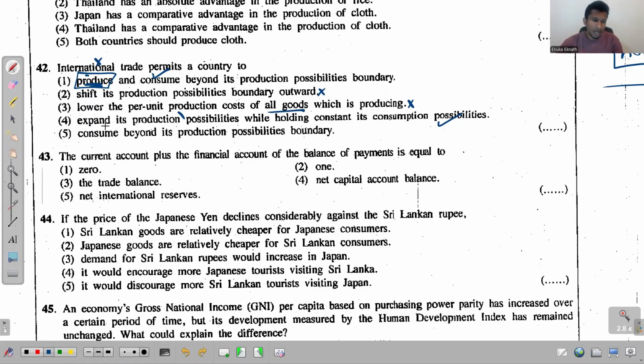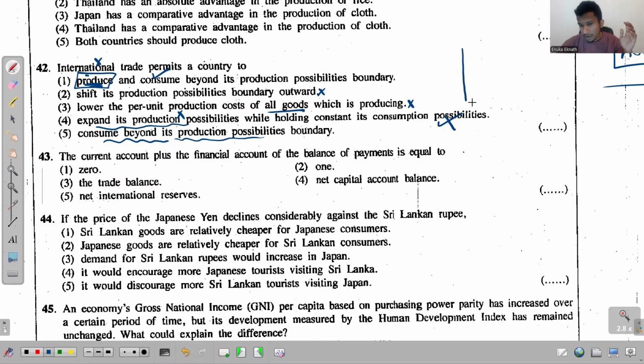Even the second part is wrong, right? Expand its production possibilities curve, holding, no, both parts are wrong. Then the fifth one, consume beyond its production possibilities boundary, 100% true. This is what we call the advantages of exchange. So due to the advantages of exchange, the country can consume more than what it produces.